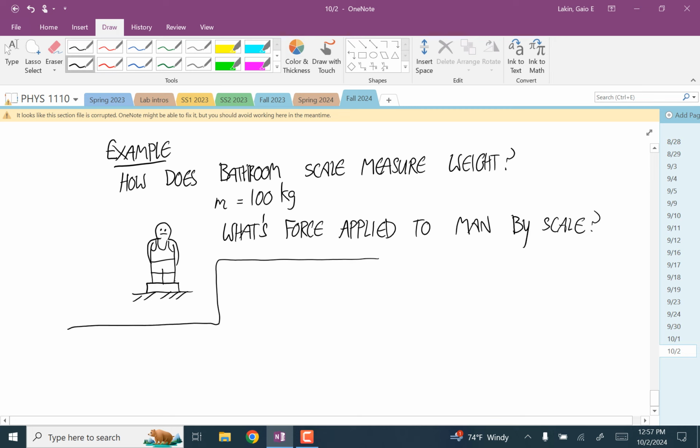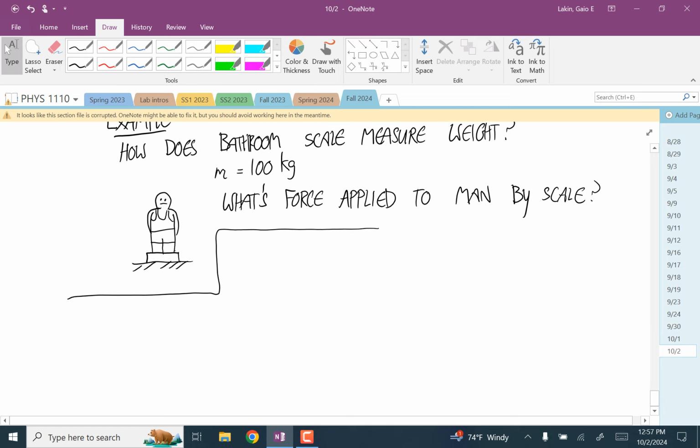Okay, well, there are only two forces acting on the man. There's the weight. Anything with mass has weight acting on it. And then you have to think about contact forces, and there's only one place that the man is making contact with anything. That's the scale. So the only other force acting on the man is the force applied by the scale.